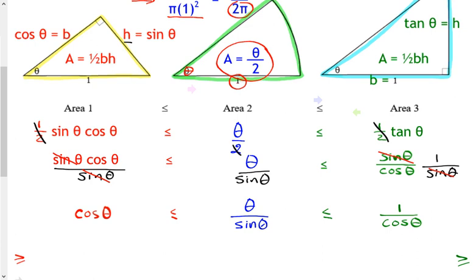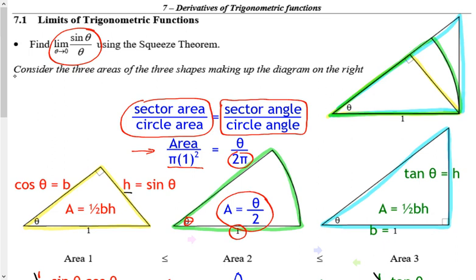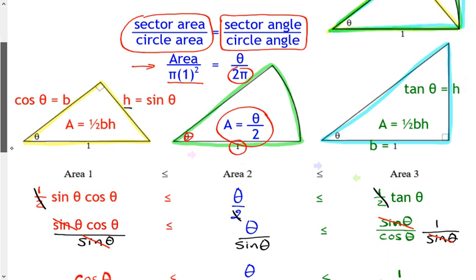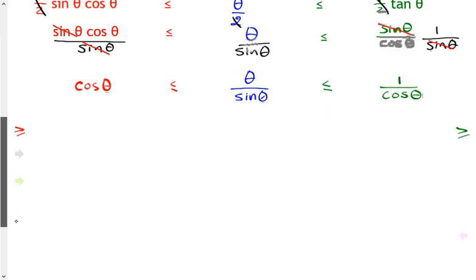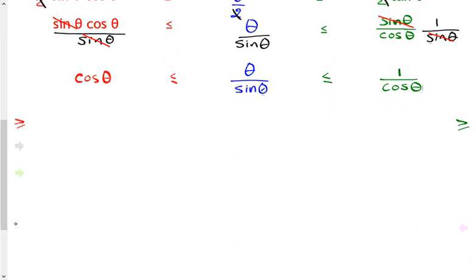Well, now I have a ratio between sine theta and theta, but it's upside down from what I'm looking for. So again, I'm looking for sine theta over theta. So what I'll do next is take the reciprocal of each part. Now, what you've learned in the past is that with an inequality, if you multiply or divide by a negative, the inequalities switch direction.